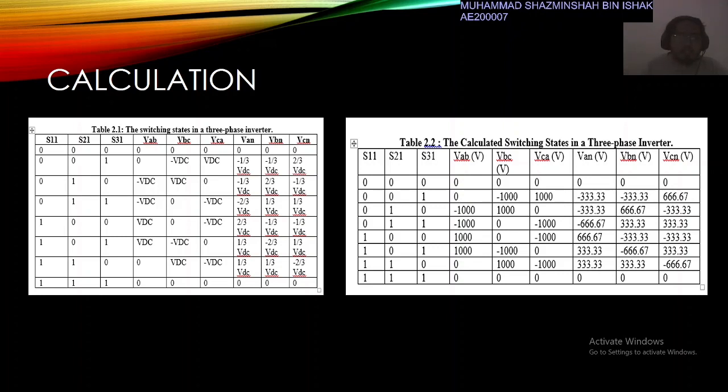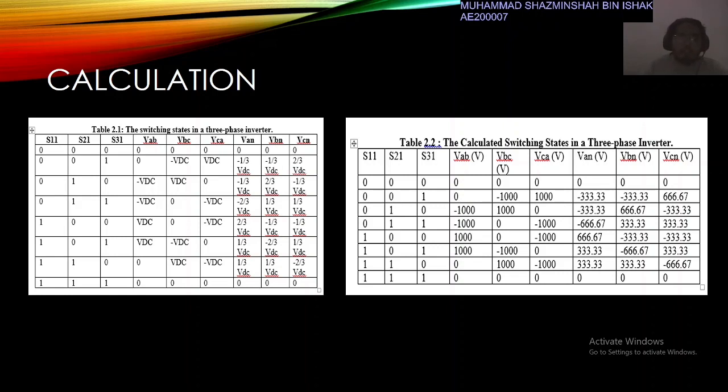The remaining states will produce non-zero AC output line voltage. In order to generate a given voltage waveform, the inverter switches from one state to another, thus the resulting AC output line voltage consists of discrete values of voltage which are negative VDC, 0 and VDC.